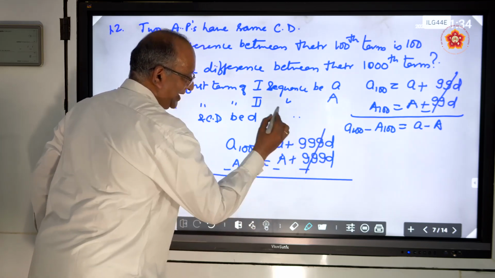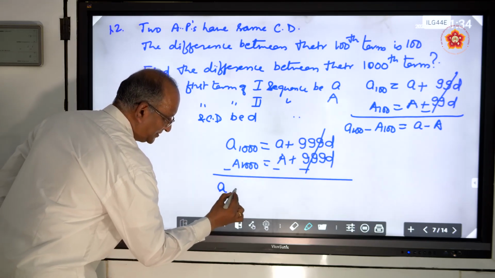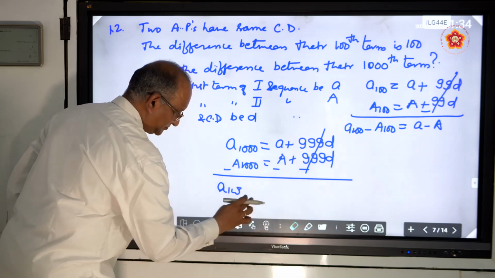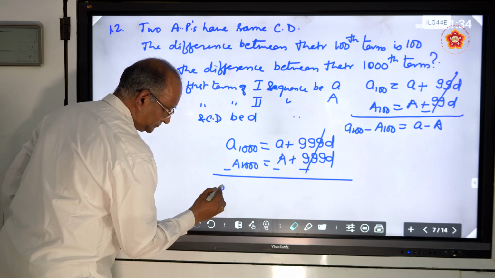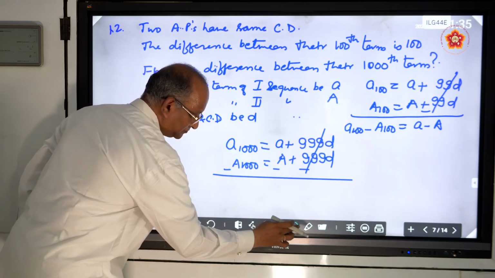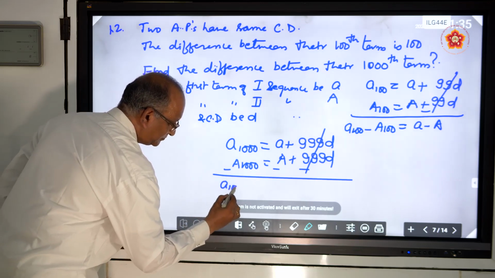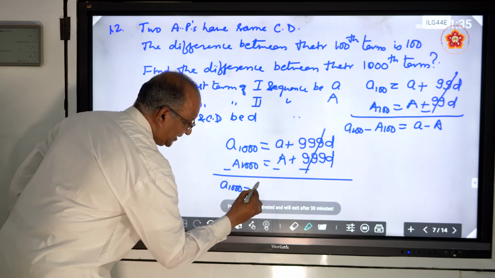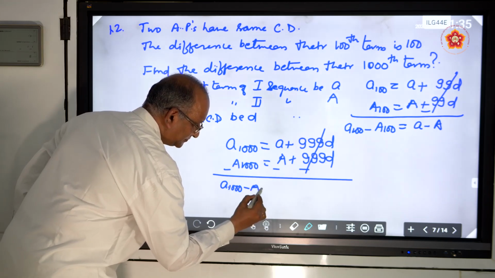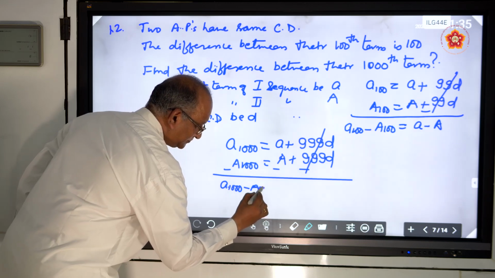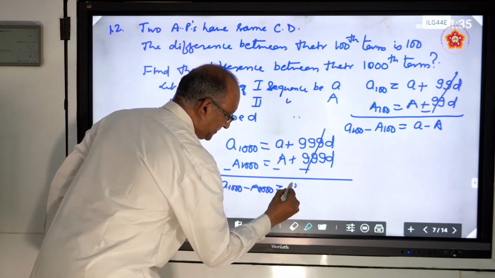So these two will get cancelled and you will get a1000 minus capital A1000 equal to small a minus capital A.